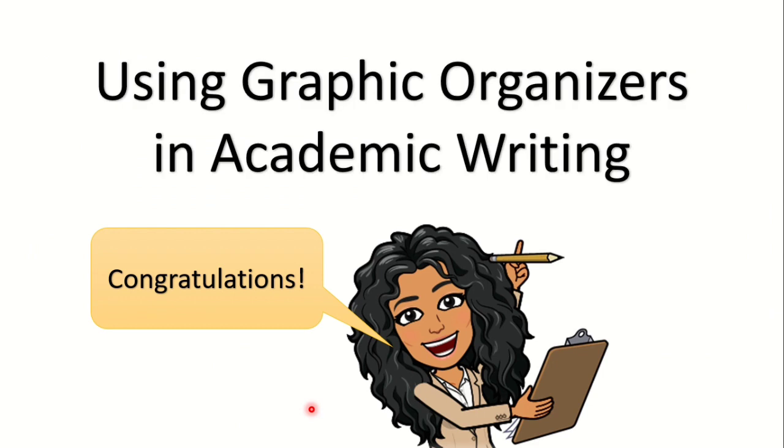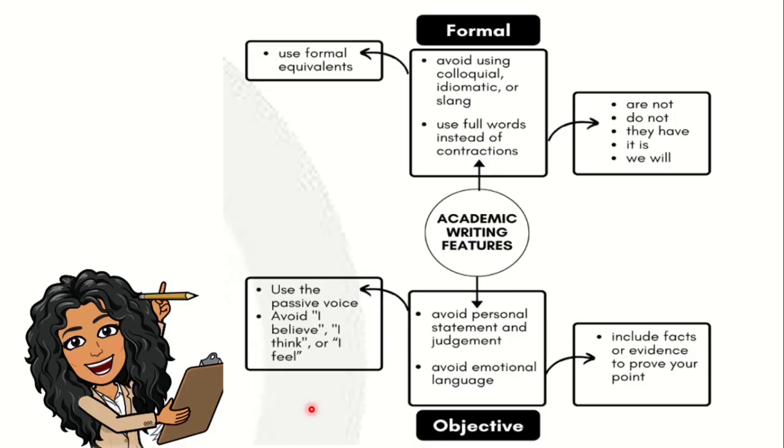Okay, now you already know using graphic organizers in academic writing. Okay, grade 7, just always remember these features of academic writing as you create or write an essay. It should be formal. Okay, so we avoid colloquial, idiomatic, or slang speech or words.